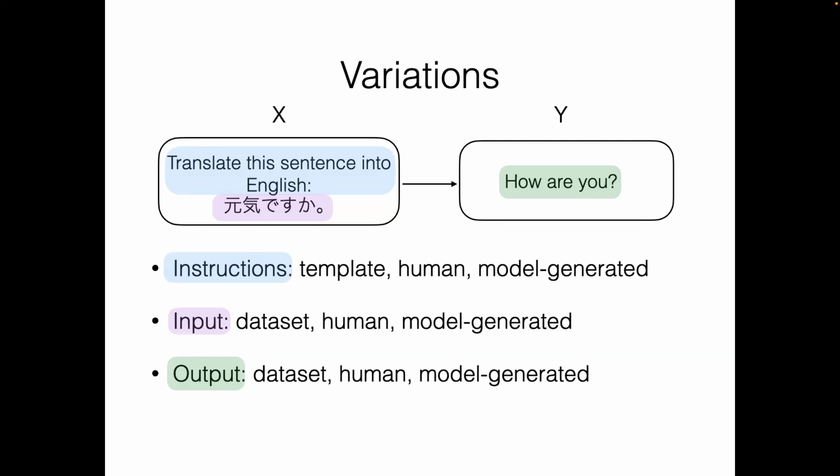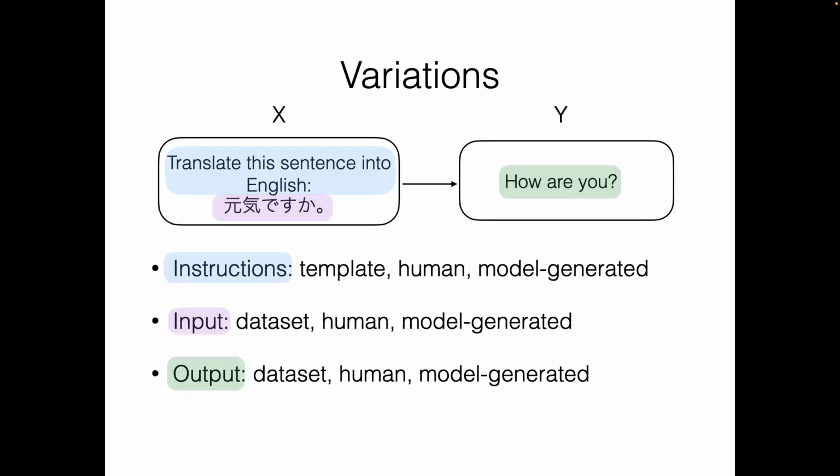So you can decide whether your instructions are based on some template. The template might be, we have reverse a sentence and the template comes up with different variations of it. I have a concrete example later. Or you could have humans write it, or you could even have a language model generate the instructions. And same for the inputs and same for the outputs.